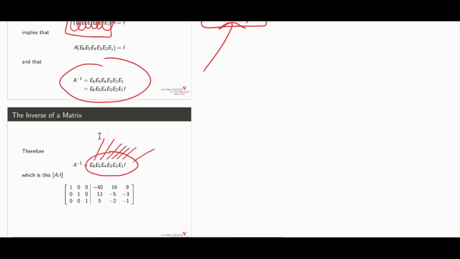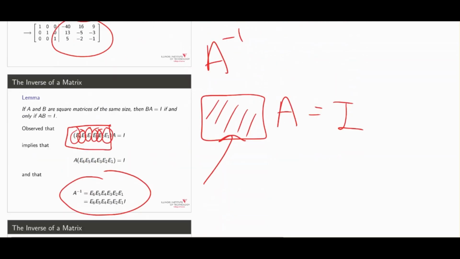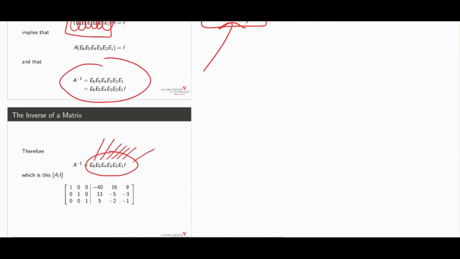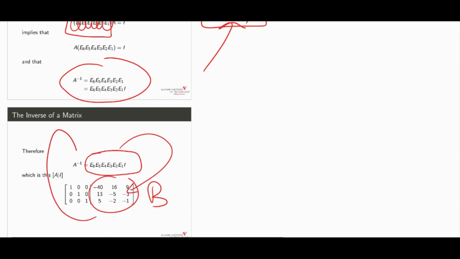And so this matrix B that we obtained right here, this is what we call the matrix B. Our matrix B is actually this as well. That explains why this is actually A inverse. So as simple as that.